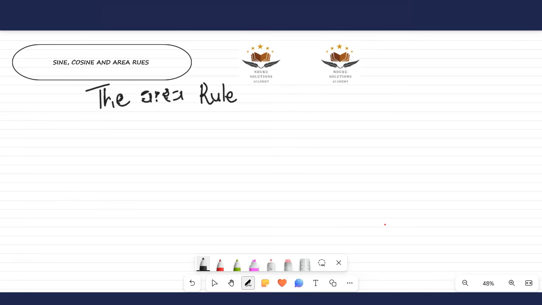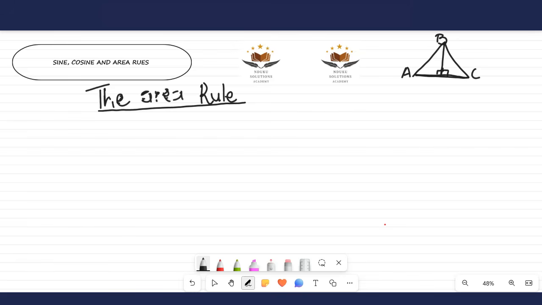So with the area rule, it's taking into consideration if we don't have a right angle triangle. So if we have the height here, like from the previous example that we just did, it's easier for you to find the area because now you have a perpendicular height and you can find AC.